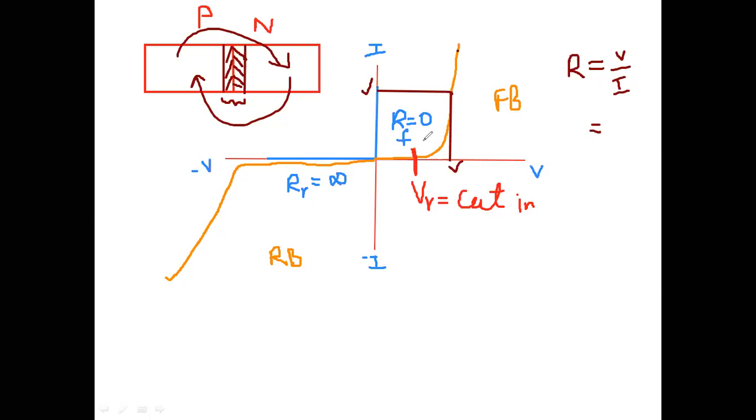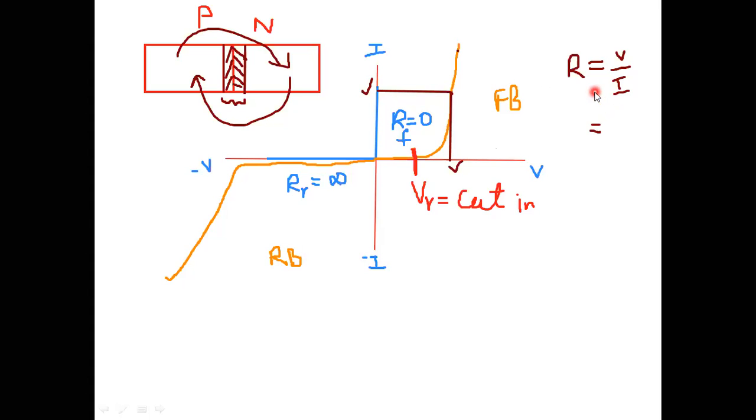This static resistance is in the order of a few ohms, 10 ohms, 20 ohms, 50 ohms, 100 ohms, like that. So this is called the static resistance of a diode.